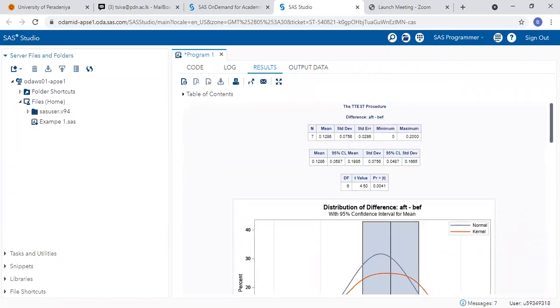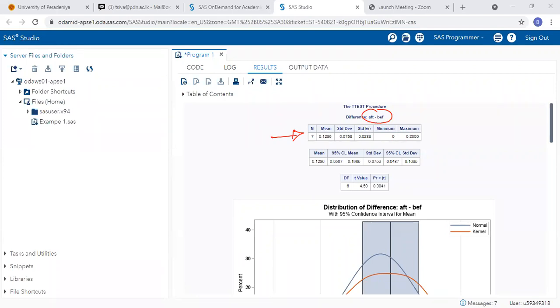Okay. Right. You see, the difference here is now after minus before. It depends on how we do the programming, right?